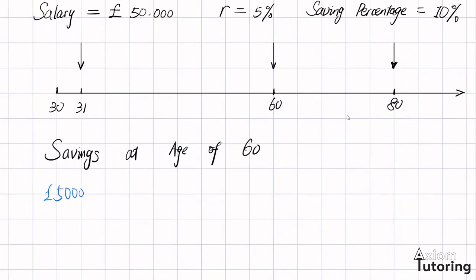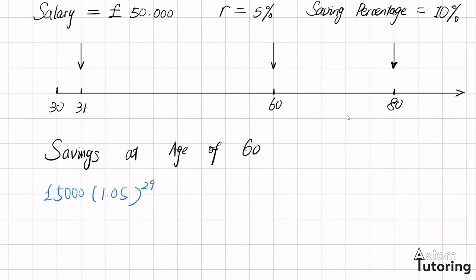So the first payment at the age of 31 will be compounded 29 times. So 1.05 to the power of 29, not 30, because the last payment is made at the age of 60, and we're calculating the savings at the age of 60.